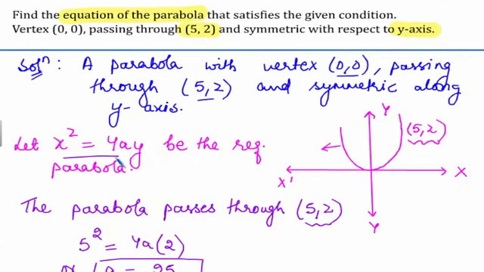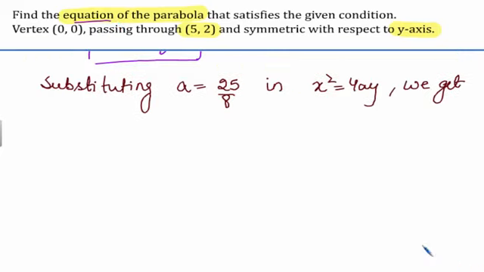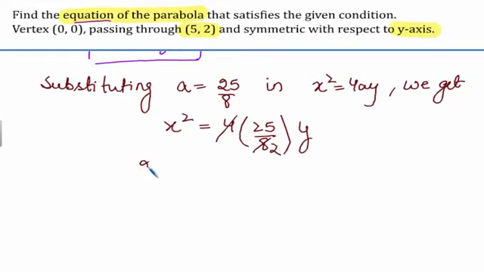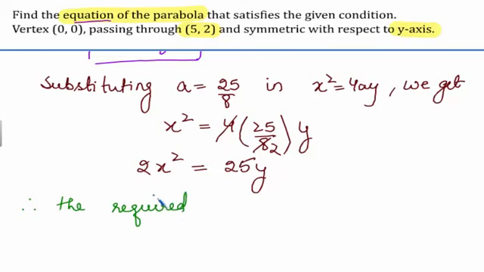So we have x square is equal to 4 into 25 divided by 8 into y, which on cross multiplying implies 2x square is equal to 25y. Therefore, the required equation of the parabola is 2x square is equal to 25y. This completes the solution.